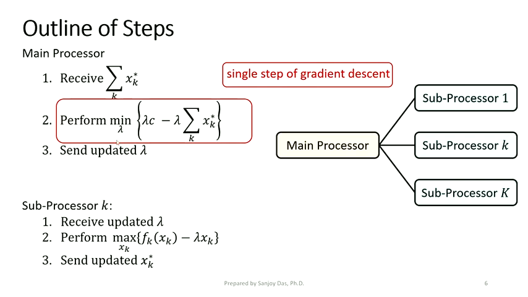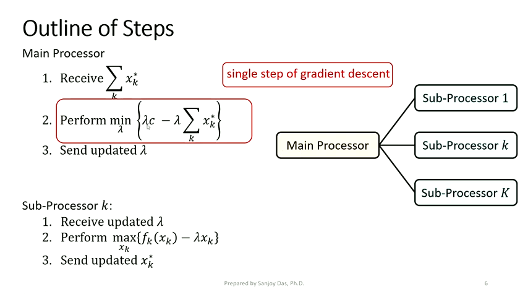Now here's the thing: the main processor will just do a single step of gradient descent, because this is an iterative process. The main processor does these 3 steps, and then the subprocessors implement these 3 steps, and then it goes back to the main processor and subprocessor, back and forth, back and forth.